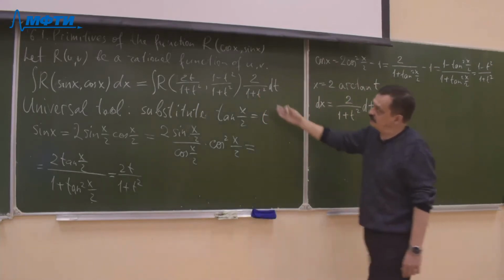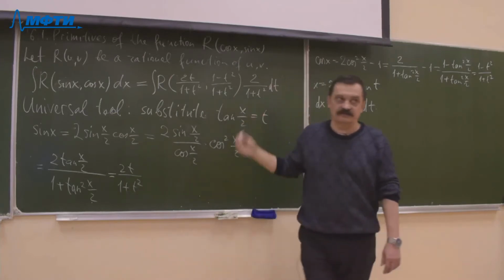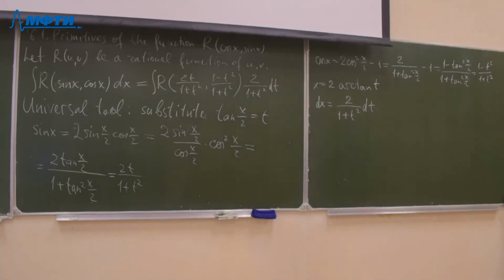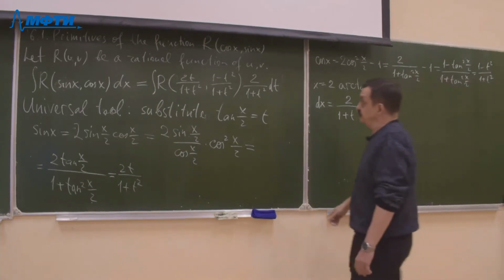So we have a rational function of t, and it means after that we'll be able to find a primitive as a function of t.